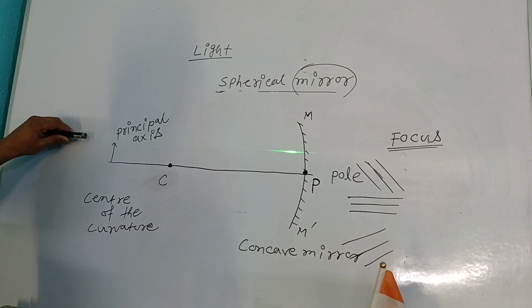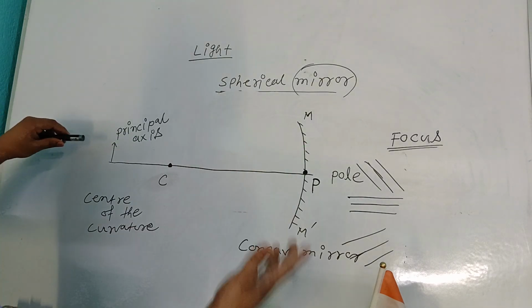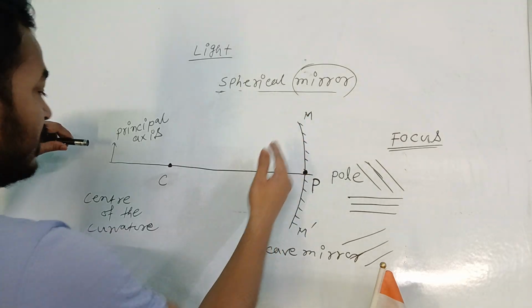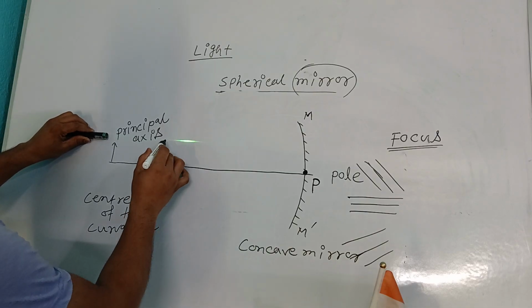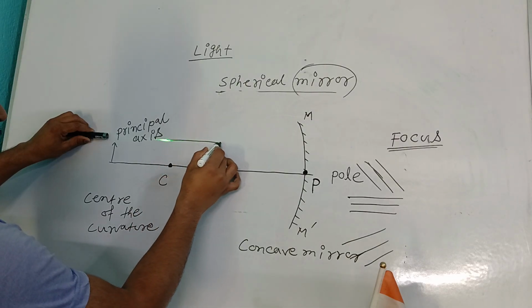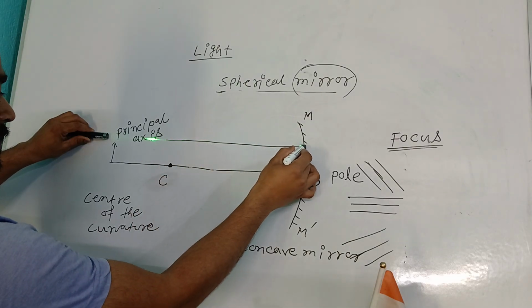If I place one concave mirror here, then you can see this incident ray, which is parallel to the principal axis.